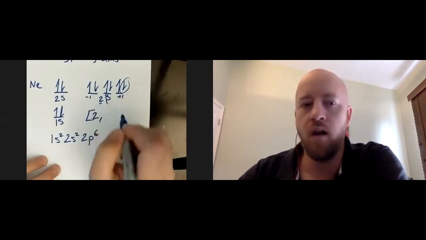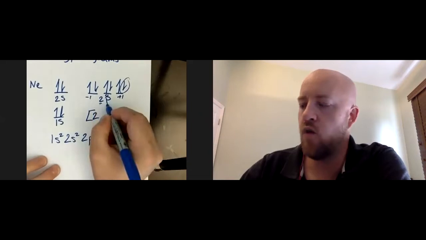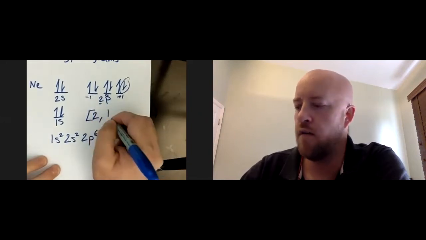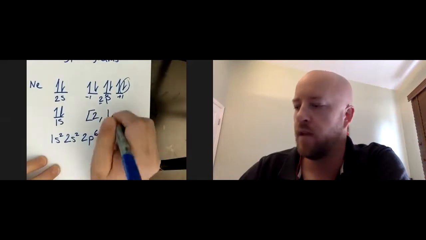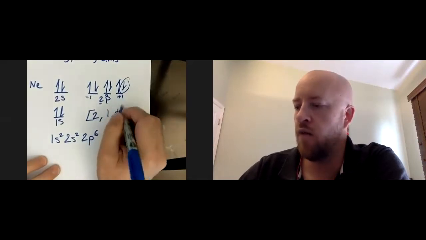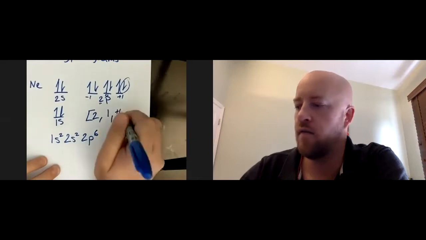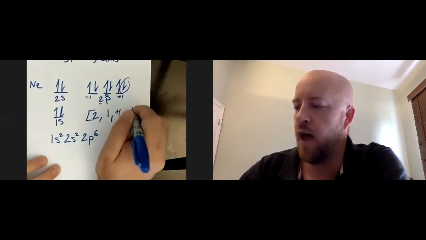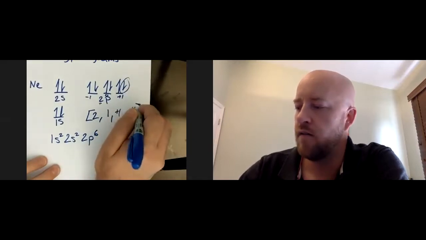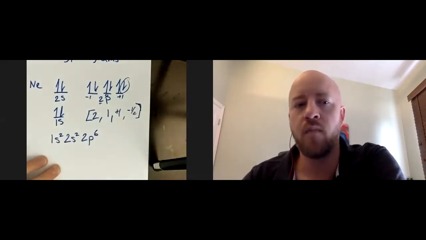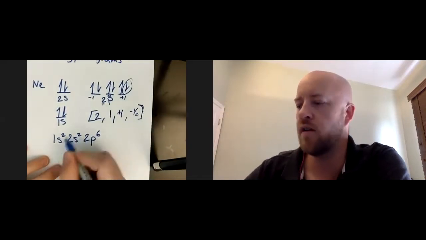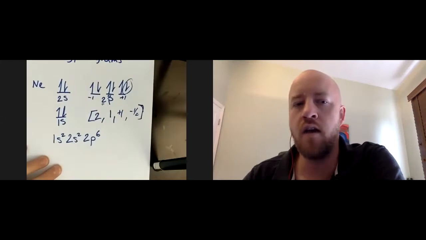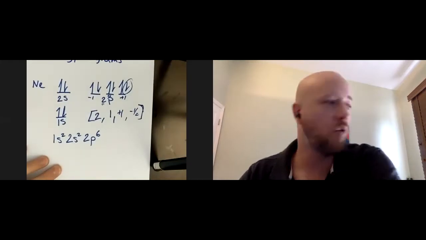The p orbital is the L value, so the p orbital has an L value of 1. It is in the positive 1 orientation as I've written it, and it is the negative 1/2 spin. So these would be the 3 representations of neon from these different quantum numbers.